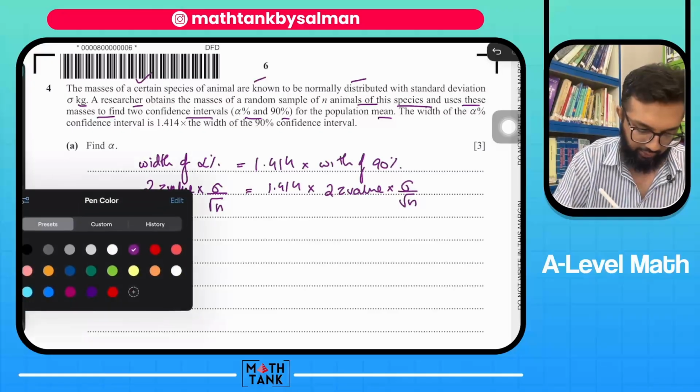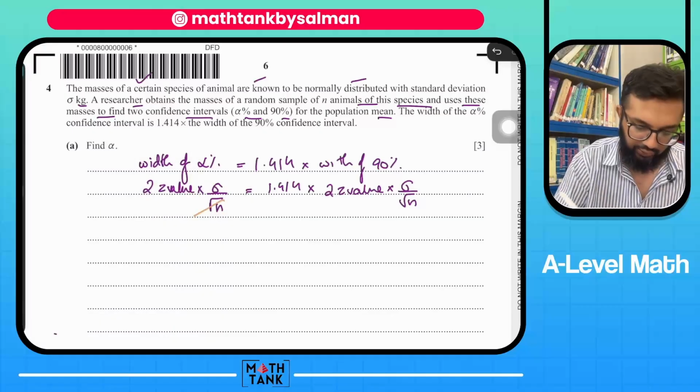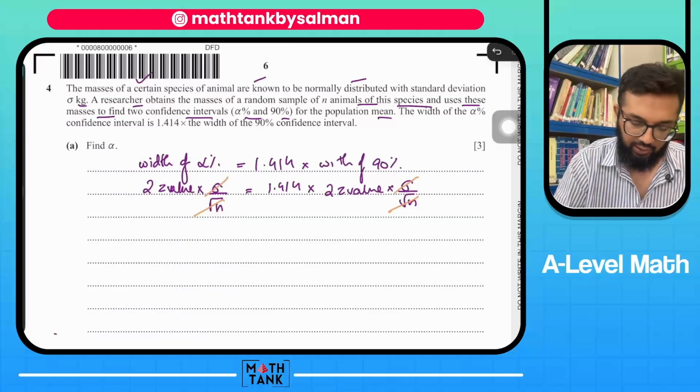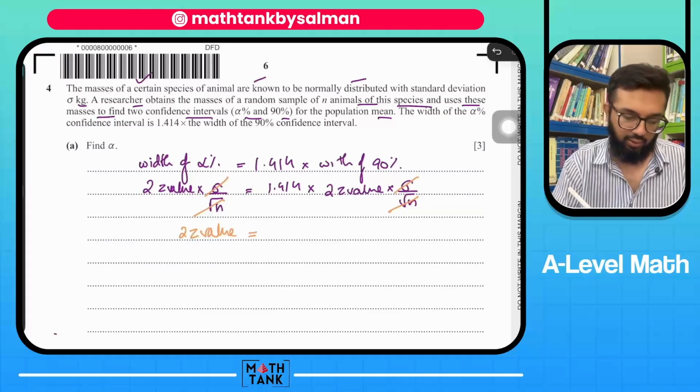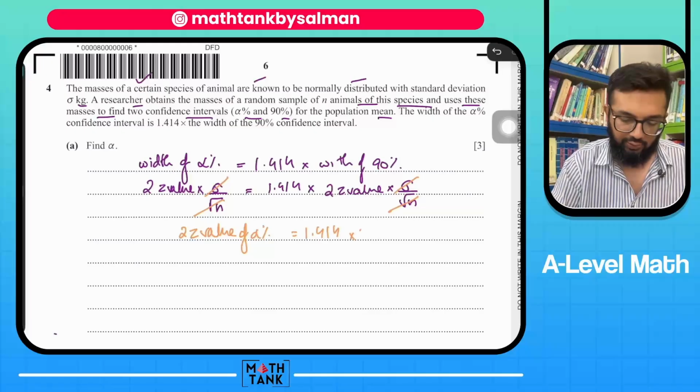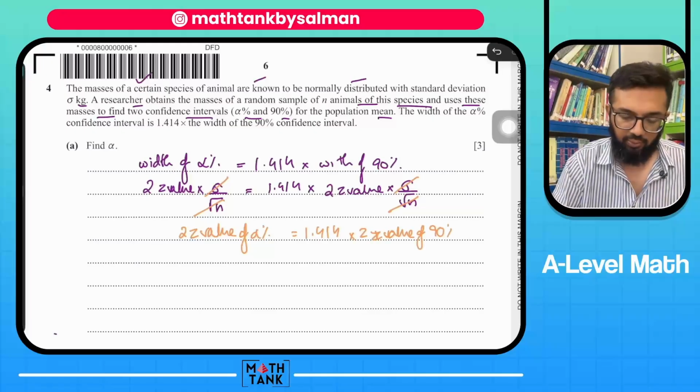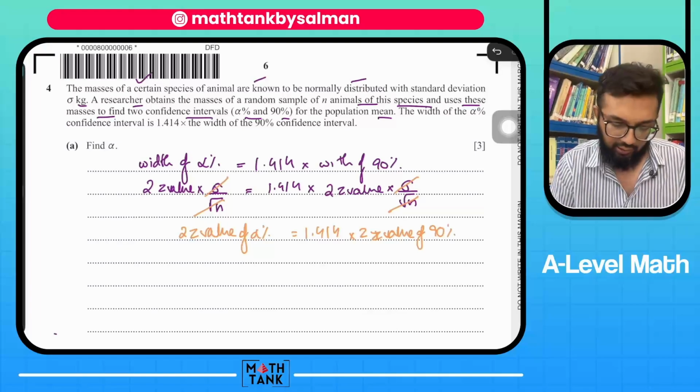I know that root n is the same for both, so that cancels out. I know that standard deviation is the same for both. So 2 times z value equals 1.414 times the value, where this is the value of alpha percent and this is the value of 90%. I didn't emphasize that before, but that is what it is.